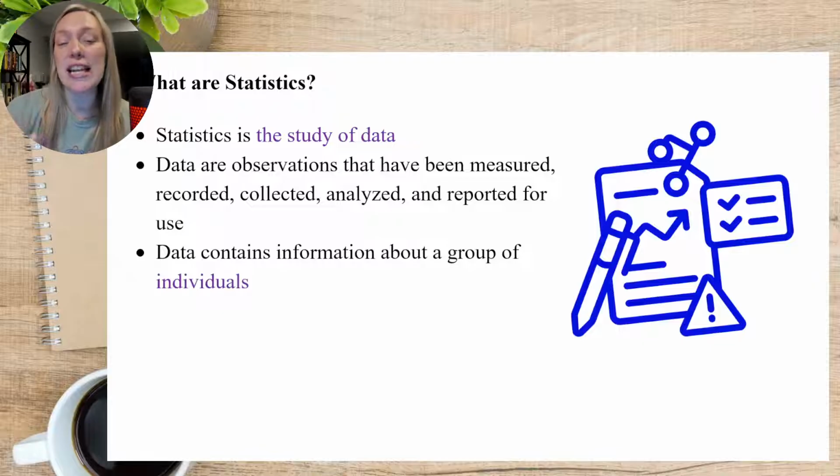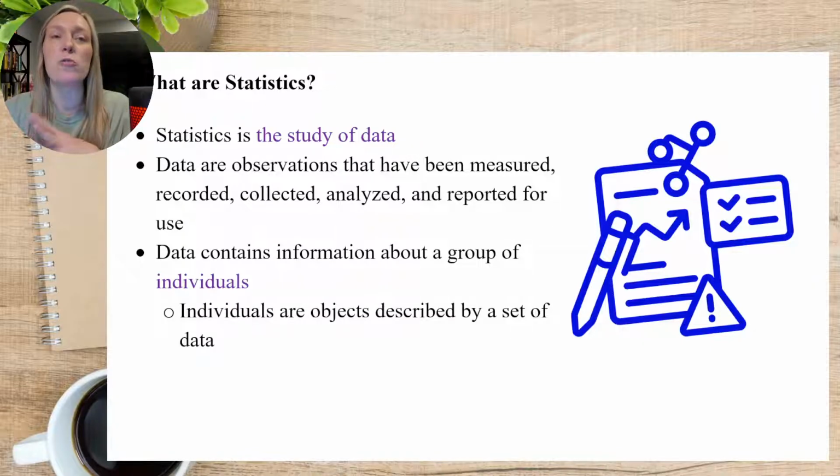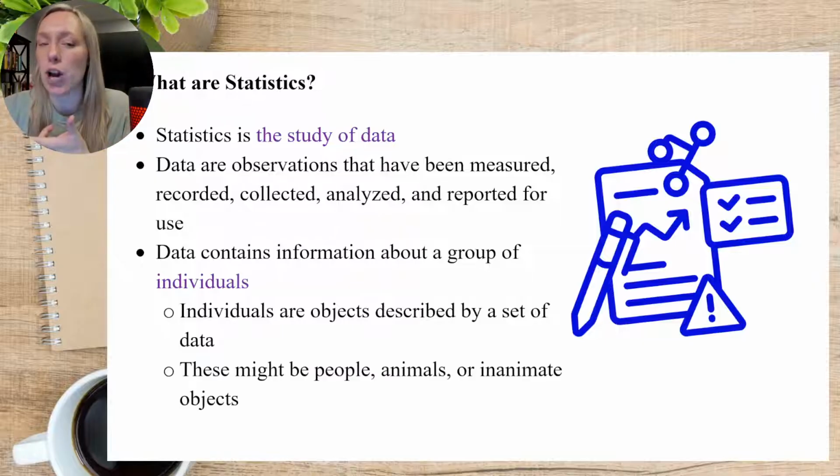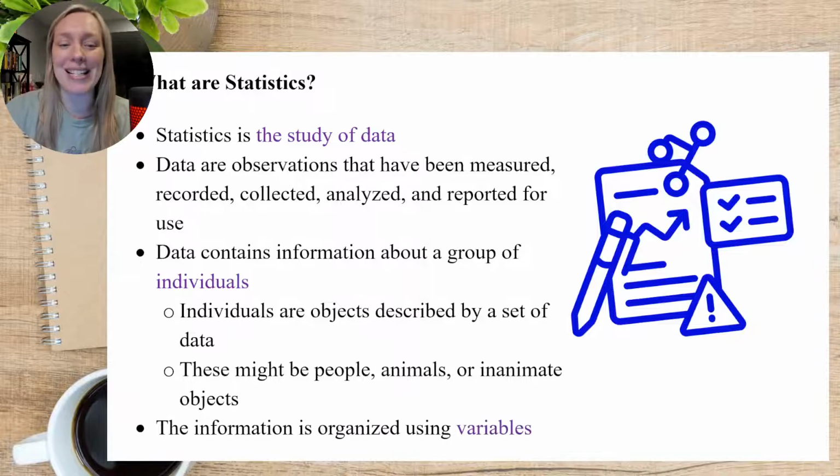Data contains information about groups of individuals. And when we talk about individuals in terms of statistics, it's objects described by a set of data. So you're used to thinking of individuals as people, but we can also refer to animals, inanimate objects, all of these things as individuals as well. It's just what is being described by data.